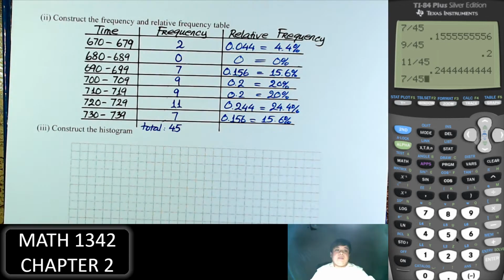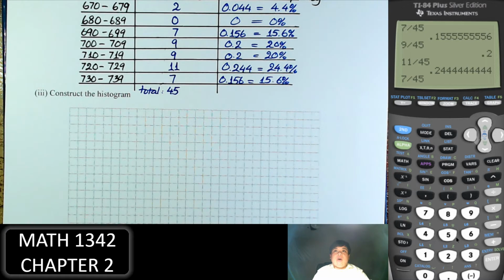Right, and then we just construct the histogram. The difference between the histogram and the bar graph is that the histogram is for quantitative data, so the data have increasing order, and there's no space in between.